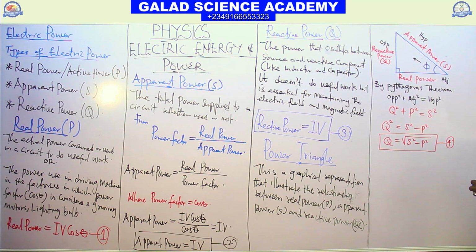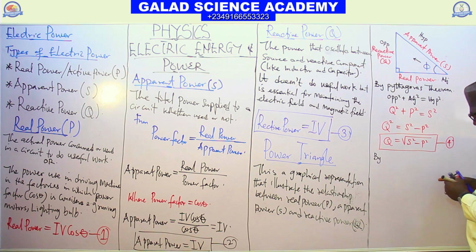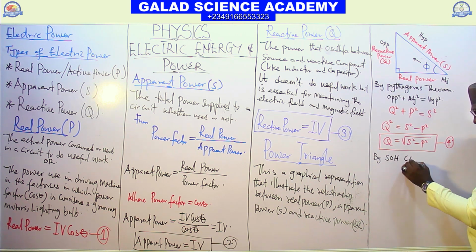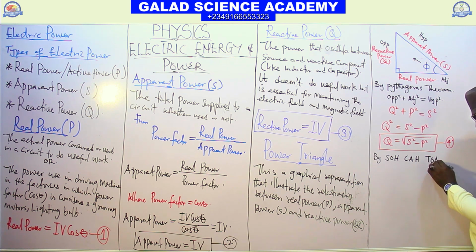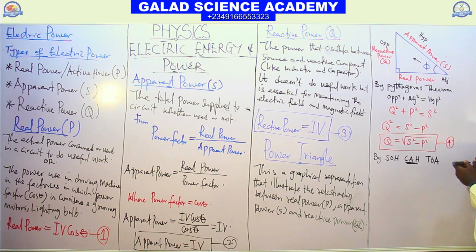The last one is by using SOH CAH TOA. If we take cos, our interest is cos.